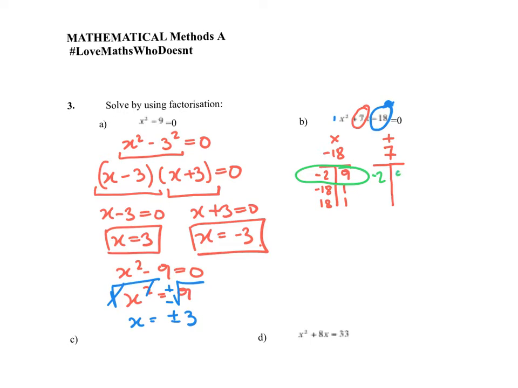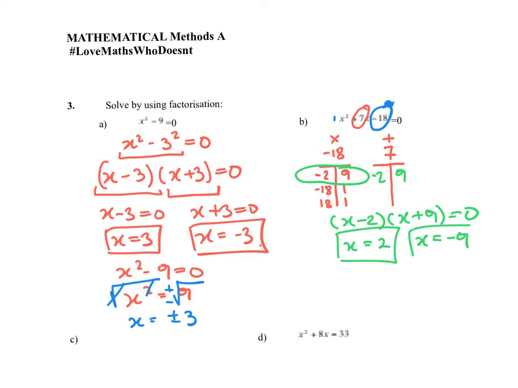So I actually have my two numbers: negative 2 and 9. So (x take away 2)(x plus 9) equal to 0. Solving it, x is equal to 2 and x is equal to negative 9. Two solutions.